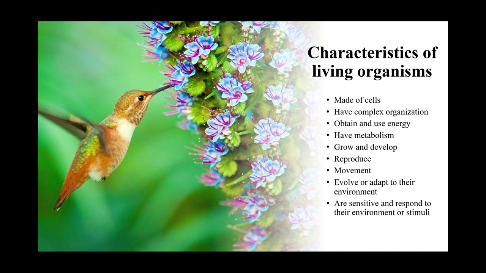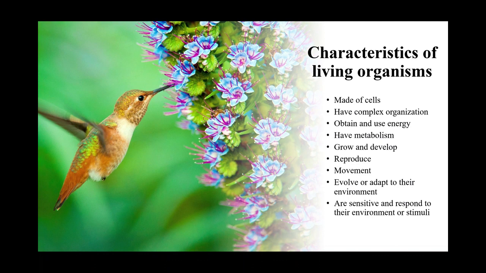So how do you define a living organism, which is different from something which is non-living? First of all, it has to be made of cells, and these have complex organization, which means that they will be constituted of a structural component and a functional component. The functional component will be used to obtain and use energy and metabolism, which will help them grow and develop.